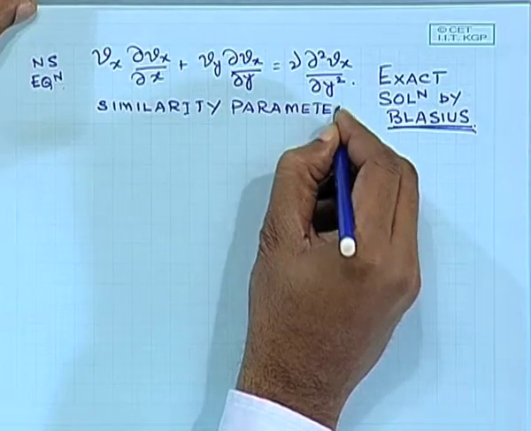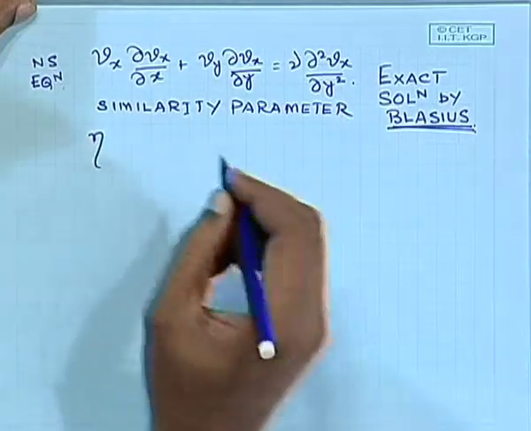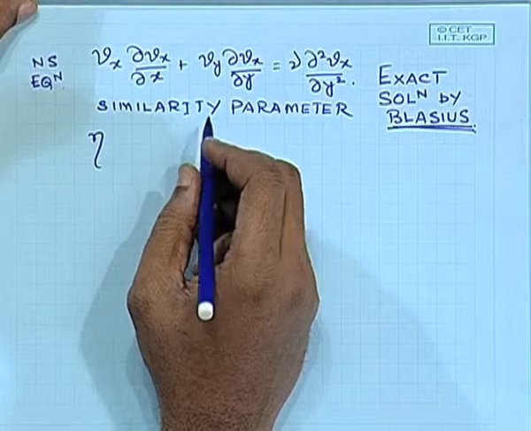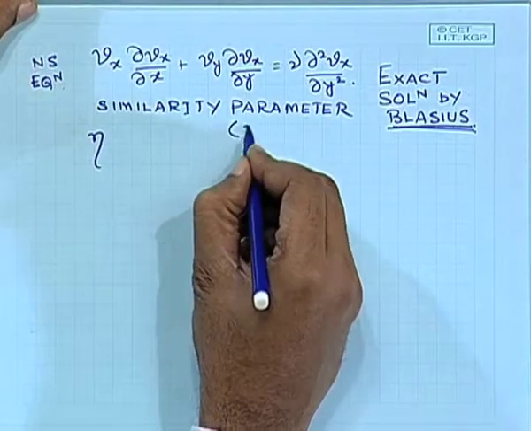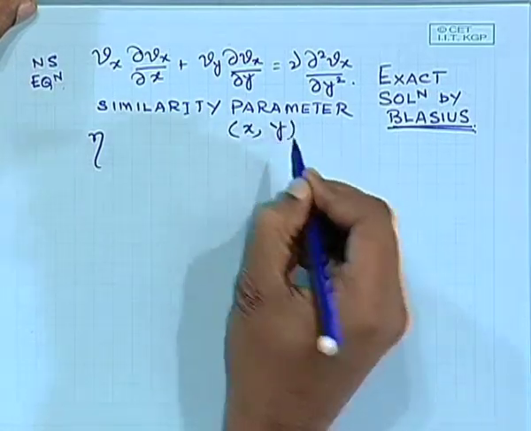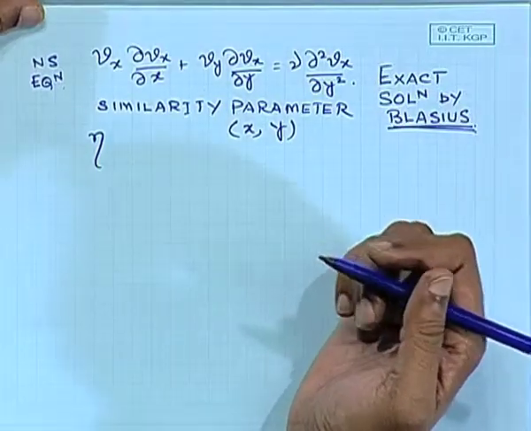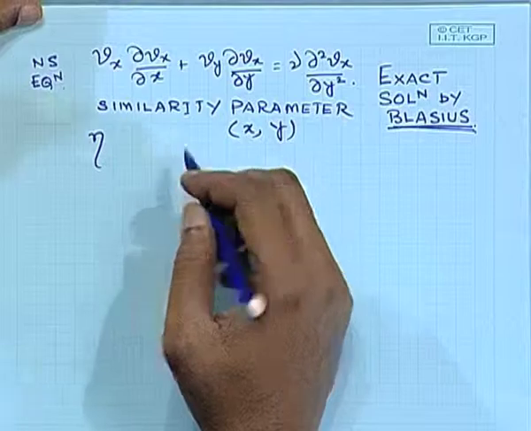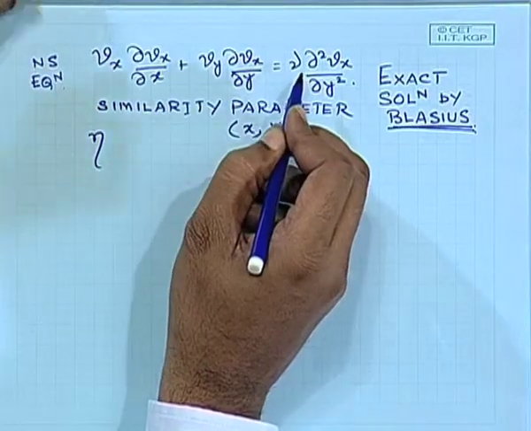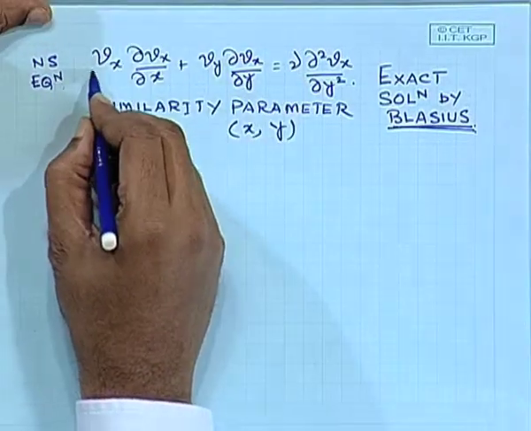So, the similarity parameter, let us define it as eta. It should contain both x and y and some other physical properties as well. So, let us see if we write this expression at the edge of the boundary layer.